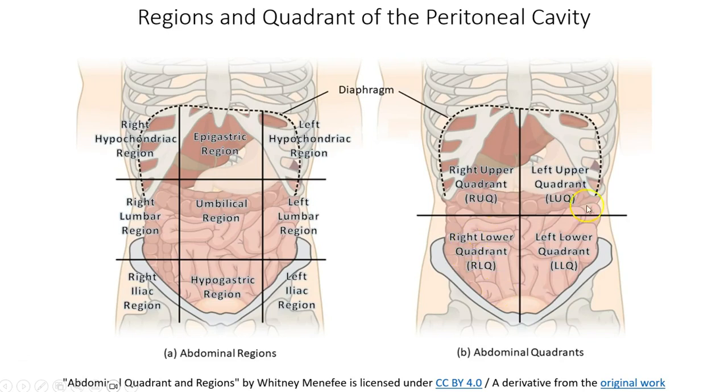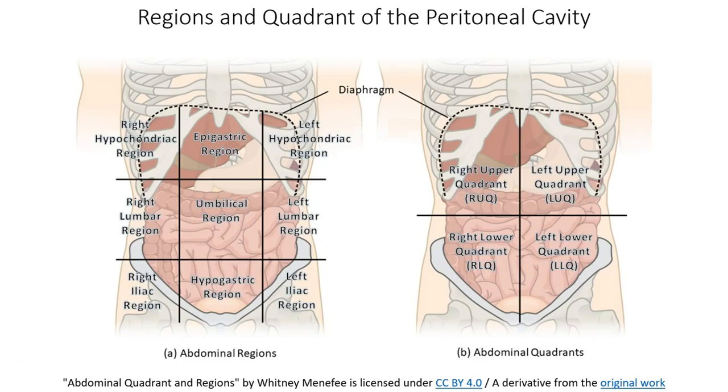Different parts of the intestines are found in different areas. One important thing to note is that the appendix is going to be right down here, so it would be in the right lower quadrant. So if you had somebody come in with pain that they're saying is in that right lower quadrant, you should definitely be thinking potentially something's wrong with the appendix.